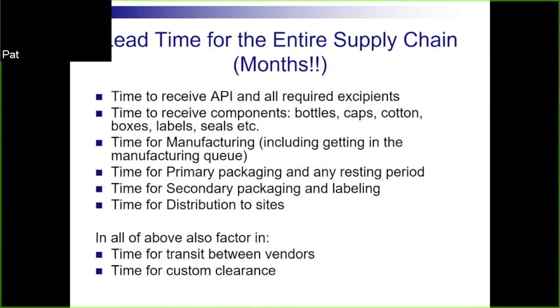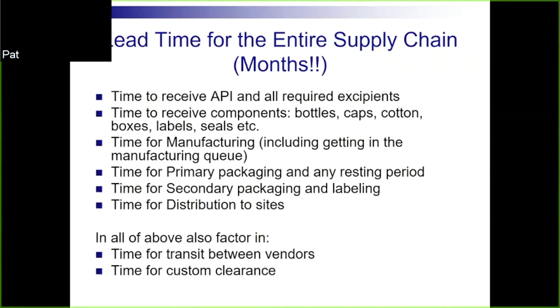And that's where we get into keeping this in mind as early as possible. The lead time for the supply chain is in terms of months instead of weeks. As you can imagine, all the things we discussed in the previous slide come along with a pretty predictable time frame, from the API to the components, leaving time for the manufacture of the dosage form and the packaging.